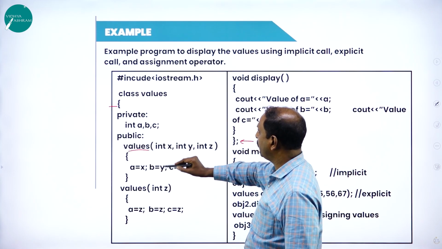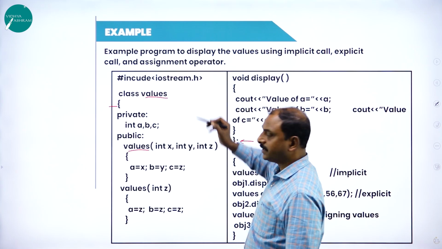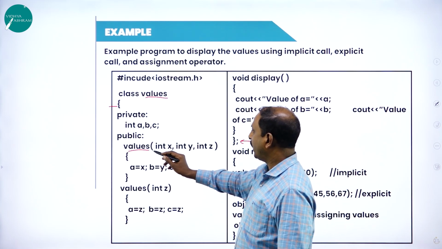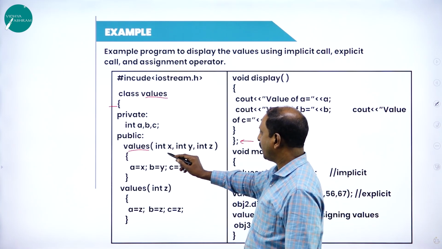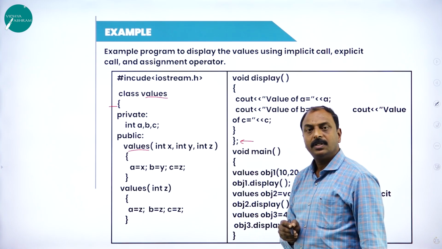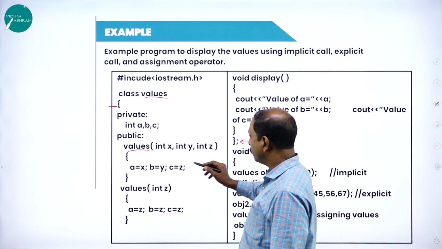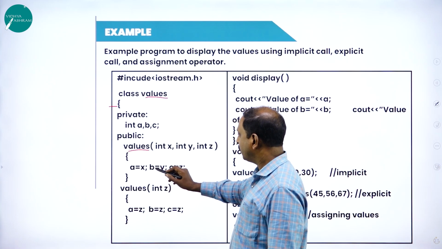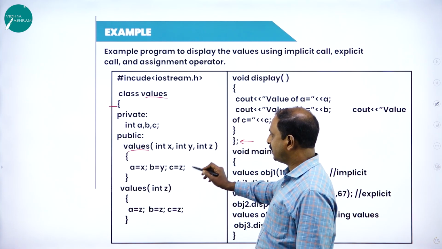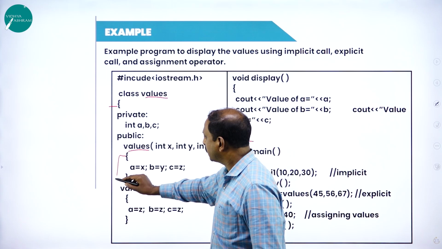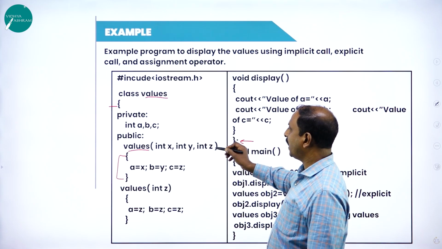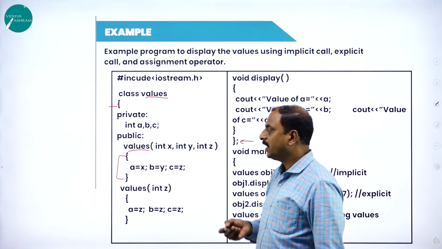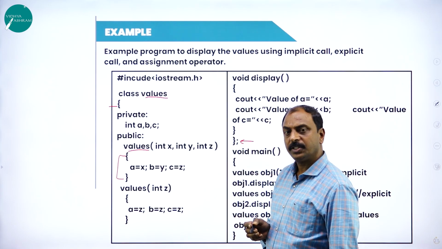Name of the class is values, and inside that we have three parameters. So a equal to x, b equal to y, c equal to z. We are closing this constructor. As we have seen in our previous session, it is a parameterized constructor.